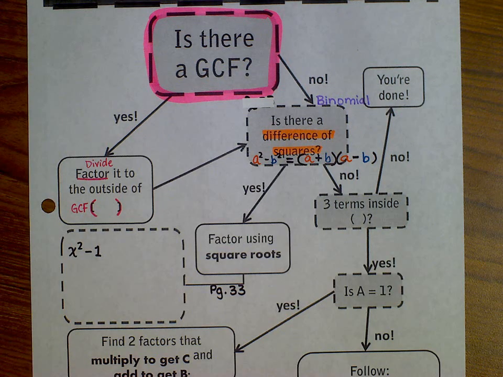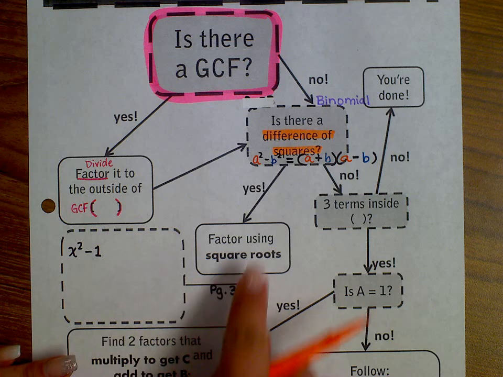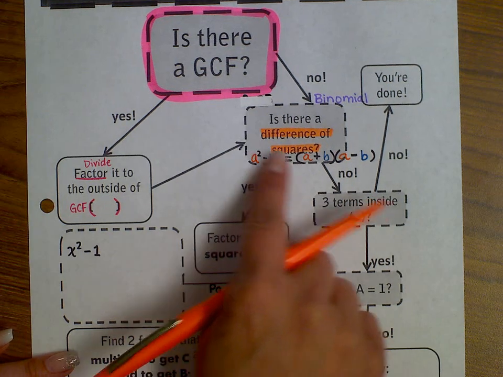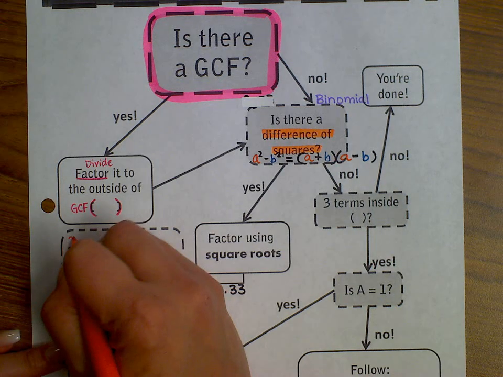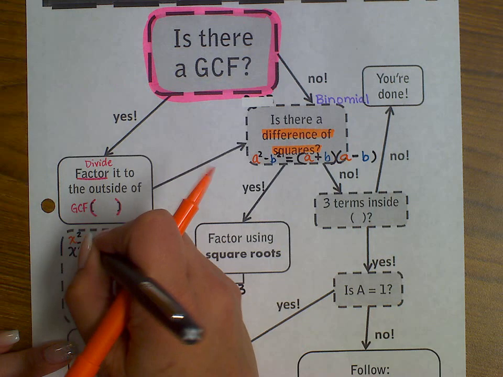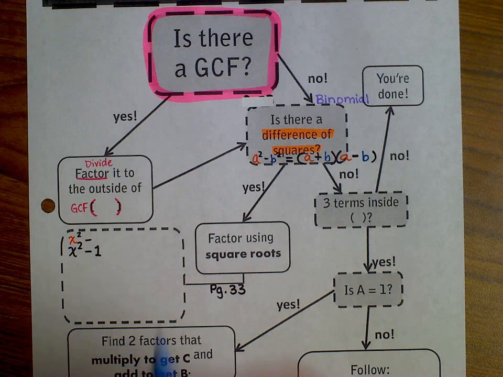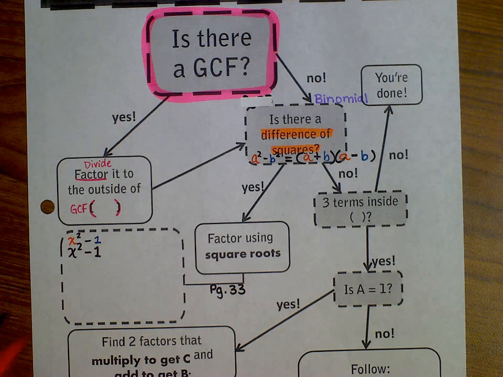Does that look like a difference of squares? Can you guys help me rearrange it so it does? What would I write? Well, I kind of want it to look like this first. So right now it doesn't look that way. X squared minus what squared? 1 squared. I agree.